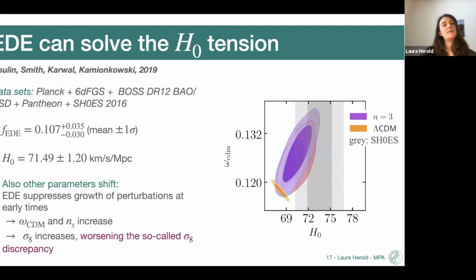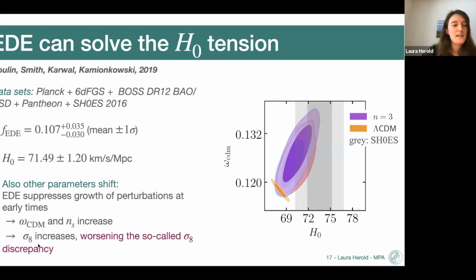However, one cannot simply introduce early dark energy and only H0 increases, but also other parameters shift. And this is because early dark energy acts as a dark energy component at early times. So it suppresses the growth of perturbations at early times. And in order to compensate this suppressed growth, one needs more cold dark matter and a higher spectral index.